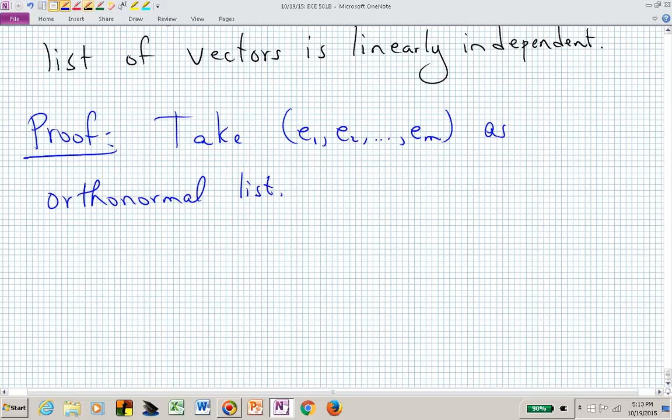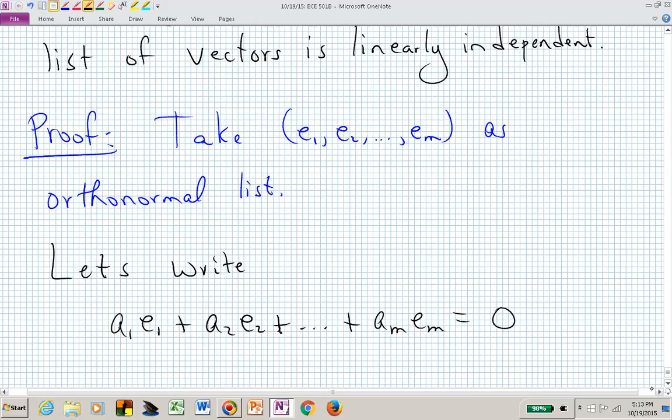Now, suppose that we can find scalars, a sub L, such that the sum of those scaled m vectors is equal to 0. So let's write a1 e1 plus a2 e2 and so on. This says that I can find scalars such that that's the case.